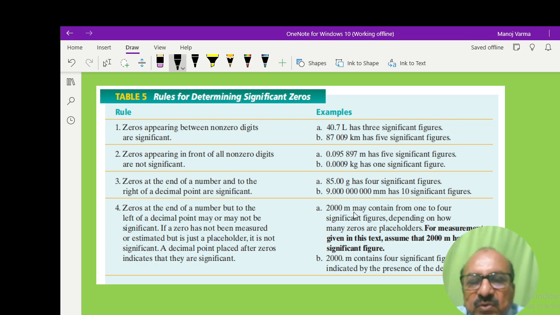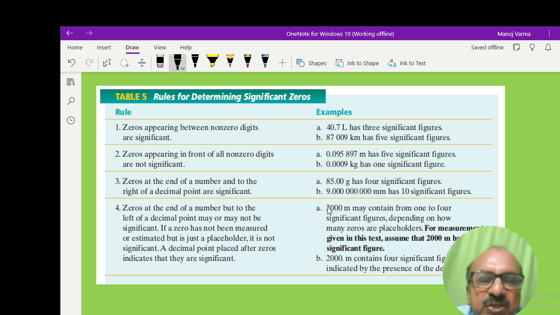Therefore 2000 has just one significant figure. So these are the most common rules that you have to understand when you have to decide whether zeros are significant in a measurement or not.